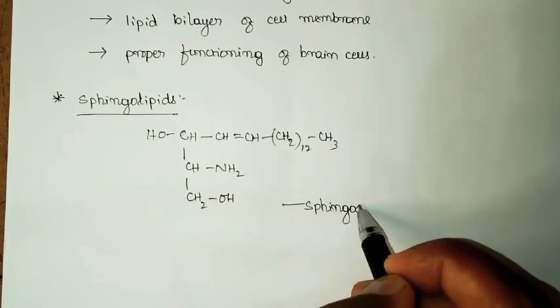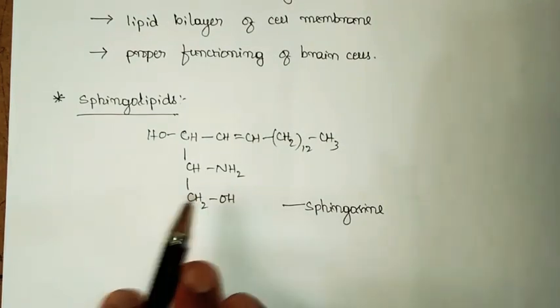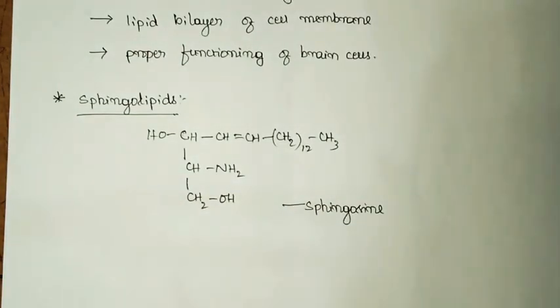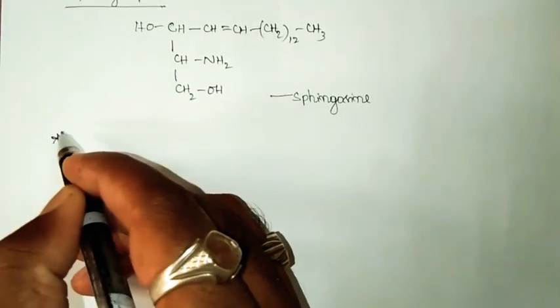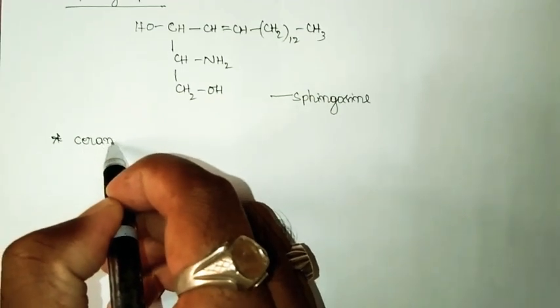This sphingosine will be present in the case of sphingolipid. Now we shall consider one simple example for sphingolipid. The very best example for sphingolipid is ceramide.